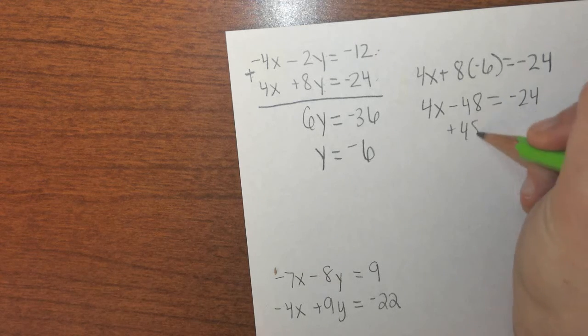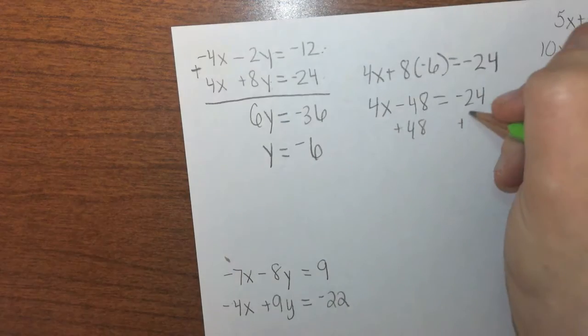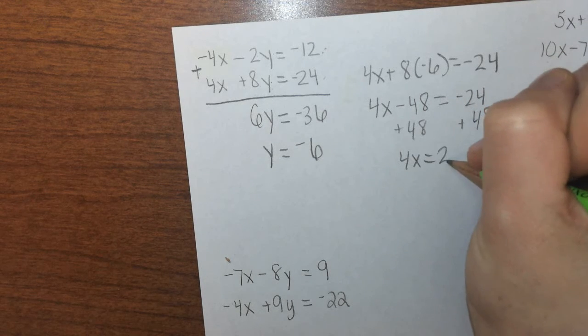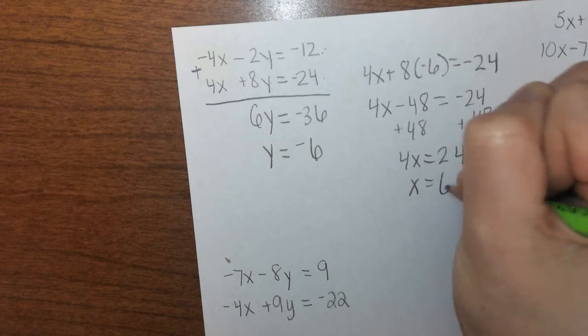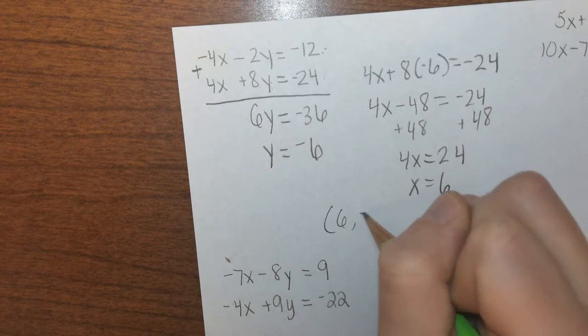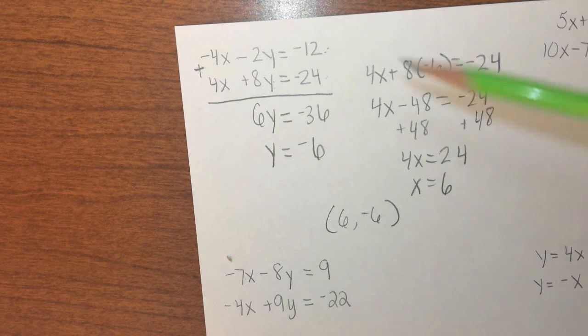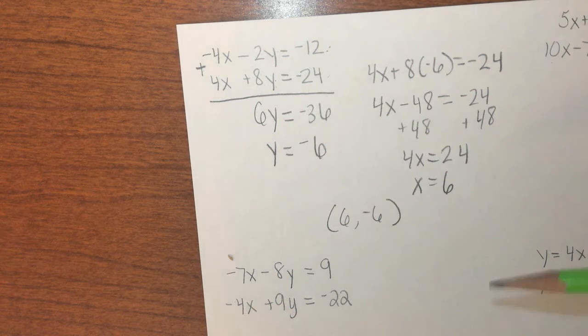I'm going to add 48 to both sides. So the ordered pair for this one is 6, negative 6.